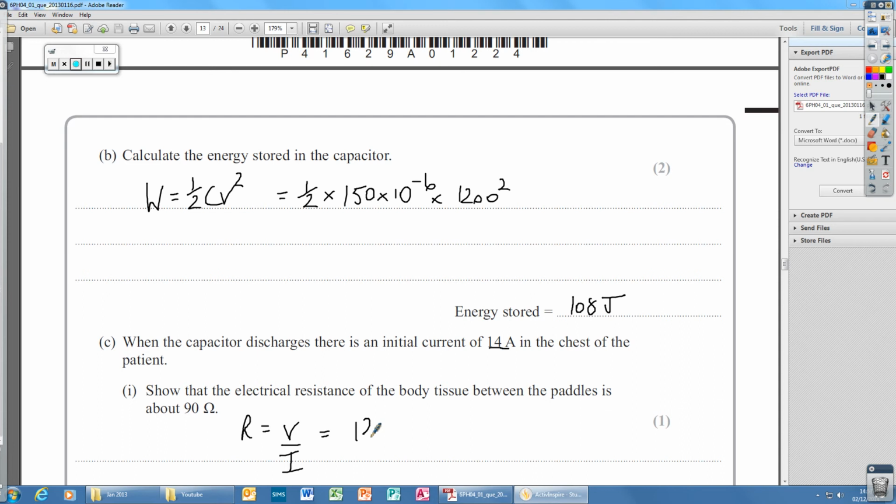So again, it's 1200, 14 amps of current, and that gives me, let's see, something around about 85.7 ohms. Could be that I've written that down incorrectly from the calculator, but you can check it. Good enough for me though. That's how you do it. It's 90 ohms. Moving on to the last question for this one.